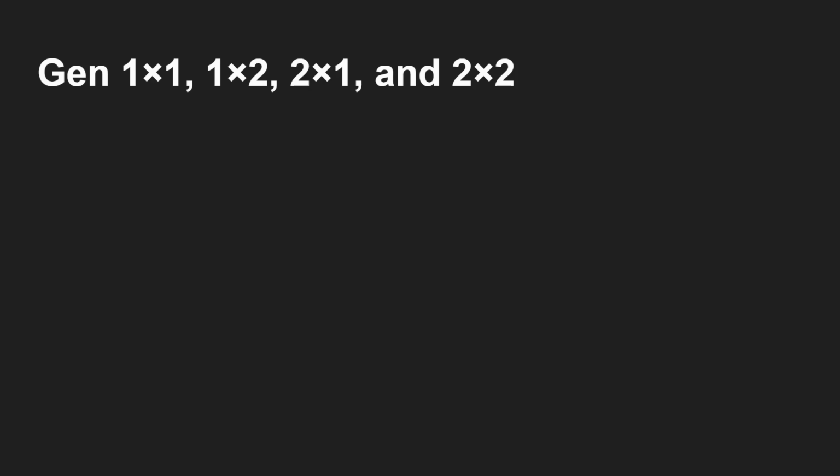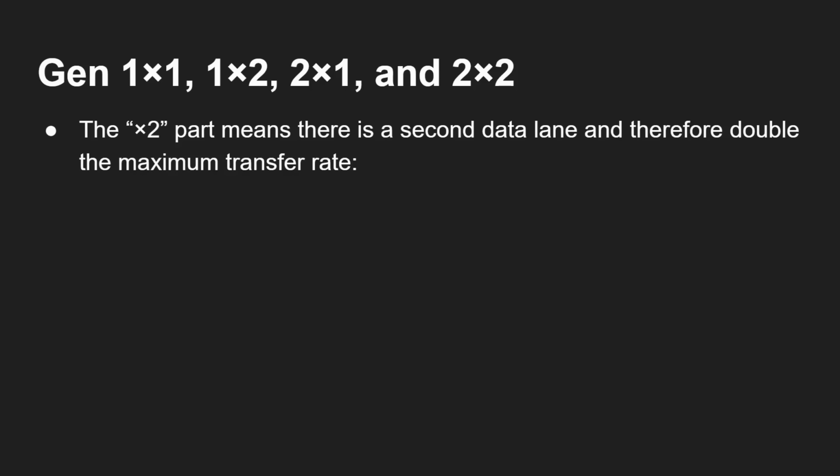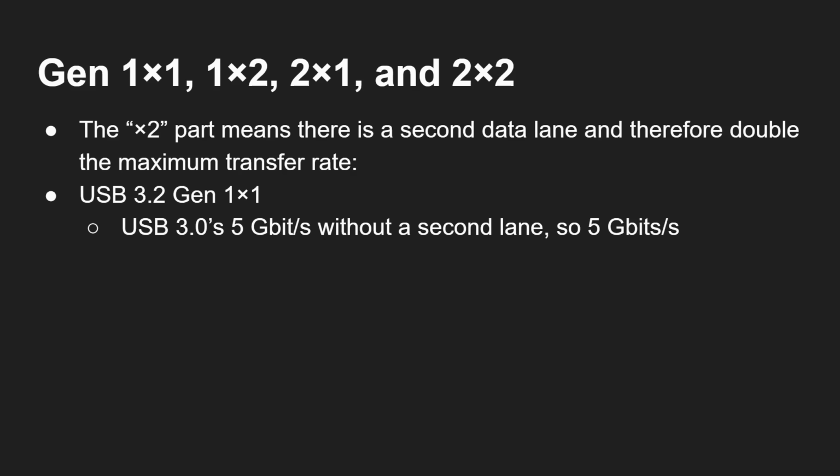So what's all this X1, X2 business? Basically the X2 at the end means there's a second data lane and therefore doubles the maximum transfer rate. So USB 3.2 Gen 1 X1 is basically USB 3.0's 5 gigabits a second without a second lane, so it's 5 gigabits a second.